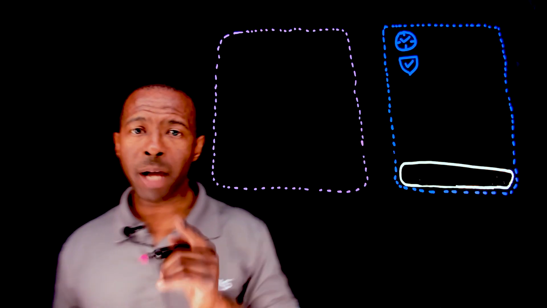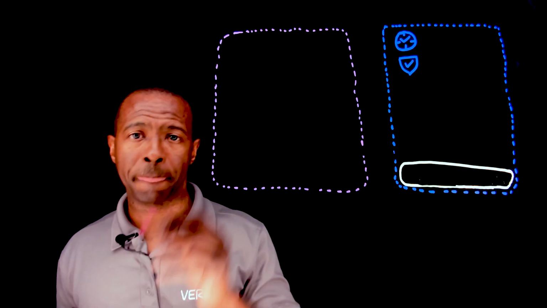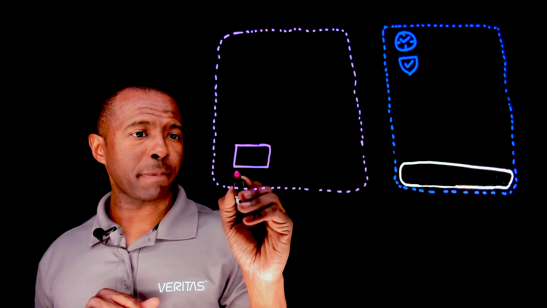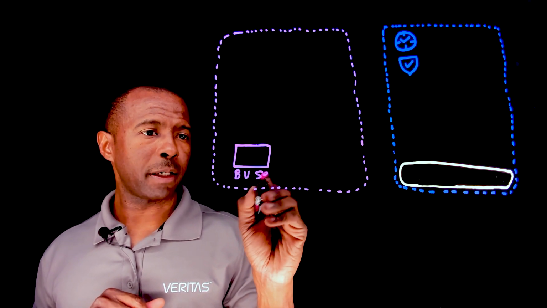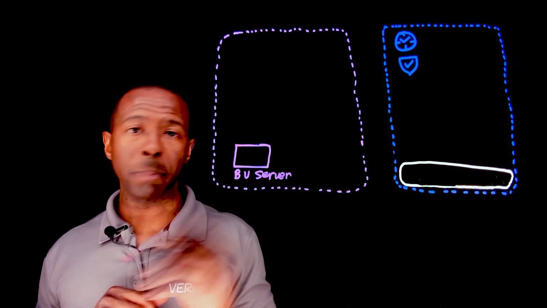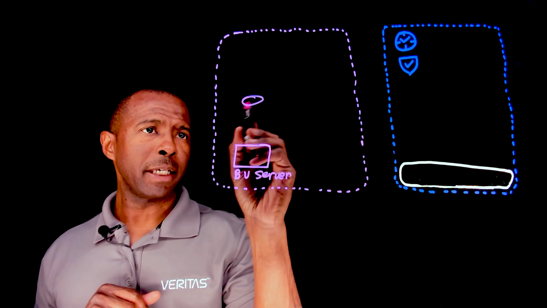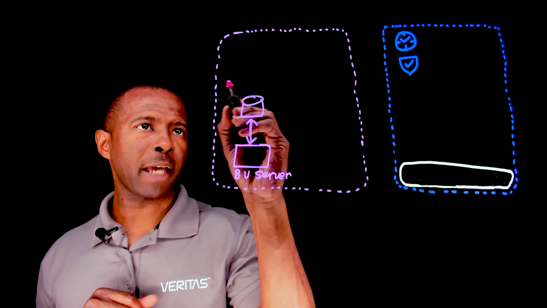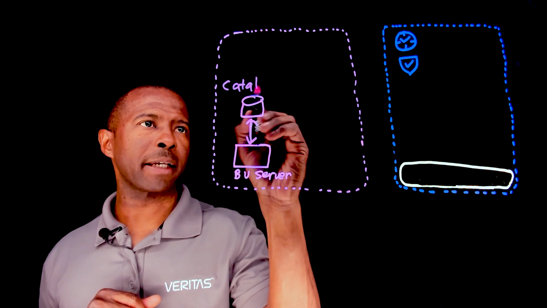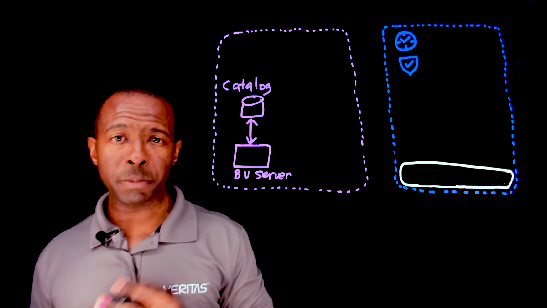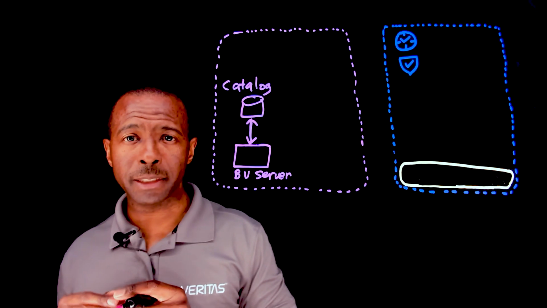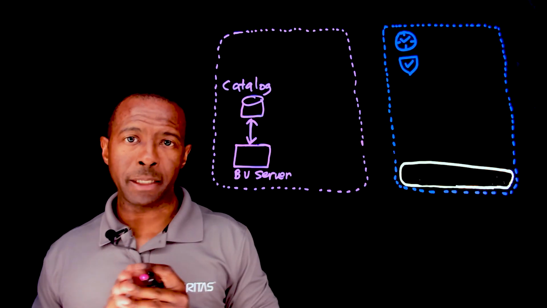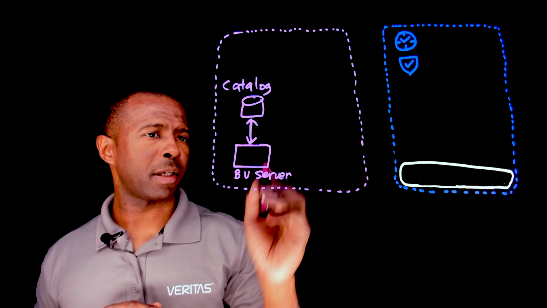So let's talk about how your environment looks today. Let's say you have a backup server in your environment, or multiple backup servers. And that backup server has some type of catalog that's keeping track of all the retention periods, the protection policies, and all of the information about where that backup data is stored.